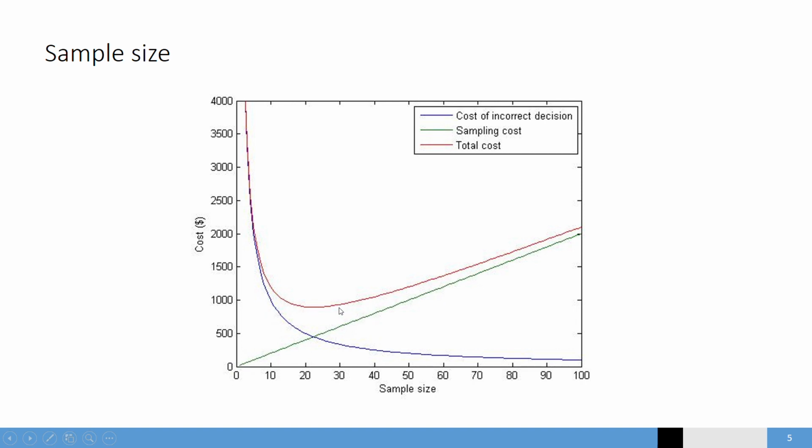So there is a region here around 20-25 where you have an optimum cost-effective trade-off, and then beyond that, adding more animals is not adding much in terms of information, and removing animals has a high cost in terms of committing false positives or false negatives.